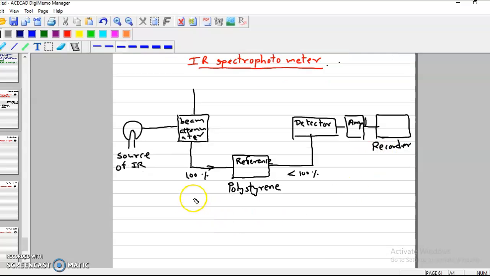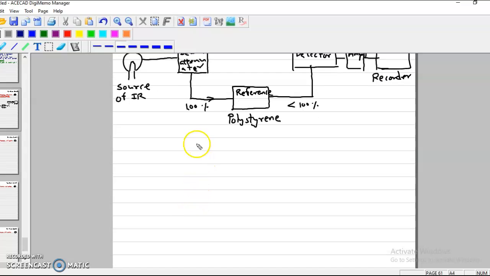So if we take polystyrene, a known compound, as our reference, then the graph would be like this.